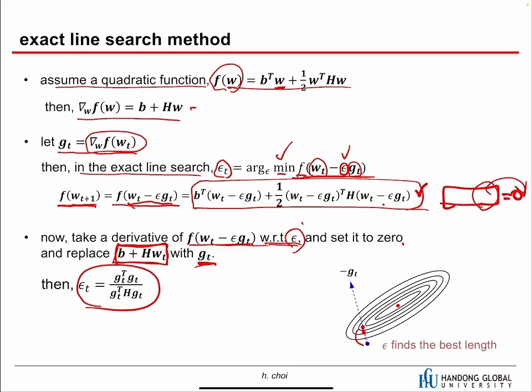So again, we found this gradient based on this one. Now we know where to go, and the question is how much to go. So epsilon defines the best length. We are not talking about the direction here anymore.